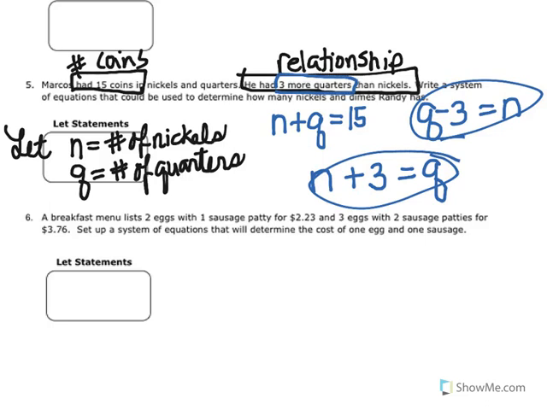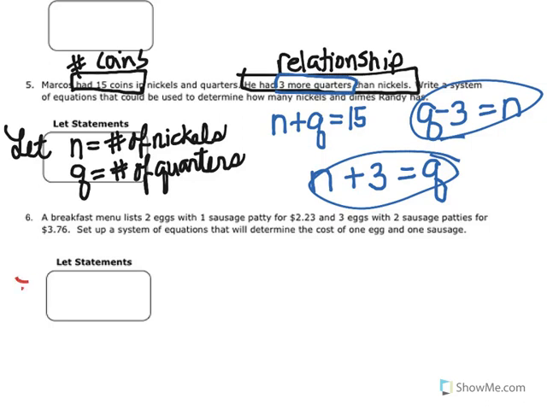Okay, number 6. The breakfast menu lists 2 eggs with 1 sausage patty for $2.23 and 3 eggs with 2 sausage patties for $3.76. Set up a system of equations that would determine the cost of 1 egg and 1 sausage. Okay, so I'm going to go back to X and Y on this one, but remember, you can use whatever variables you want.